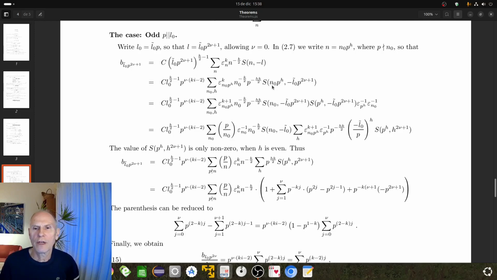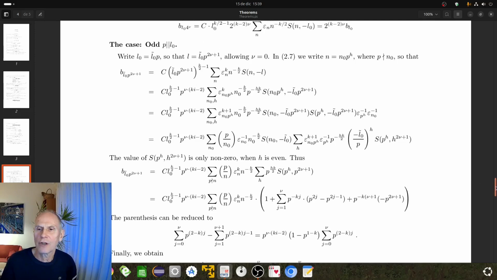So here we have n and l. Oh, that's minus l. We get an odd one because p divides L naught once. And then it turns out that this one is only non-zero when h is even.